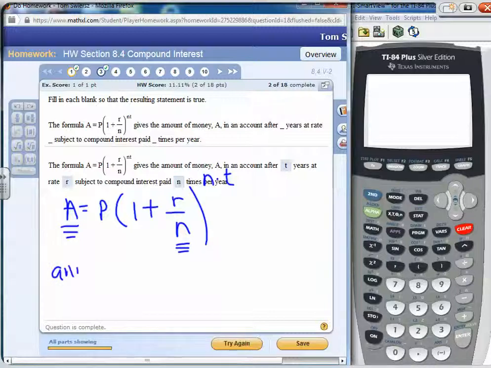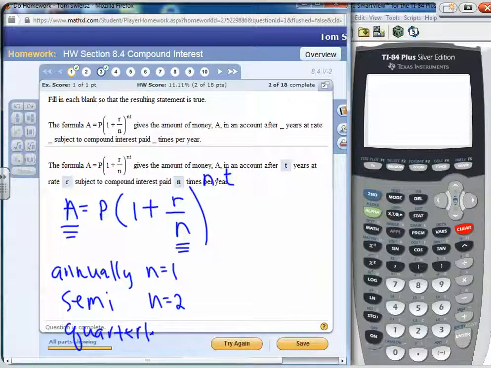Now, if it's annually, N equals 1. If it's semi-annually, N equals 2. If it's quarterly, N equals 4. If it's compounded monthly, N equals 12.